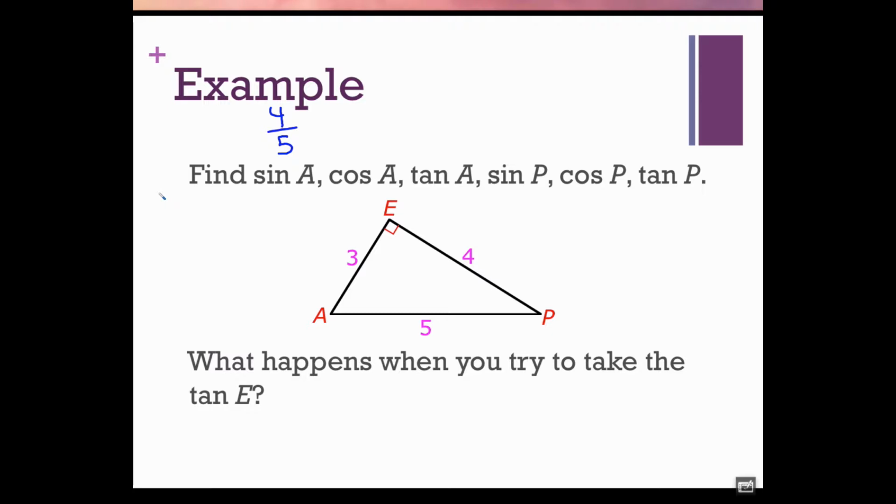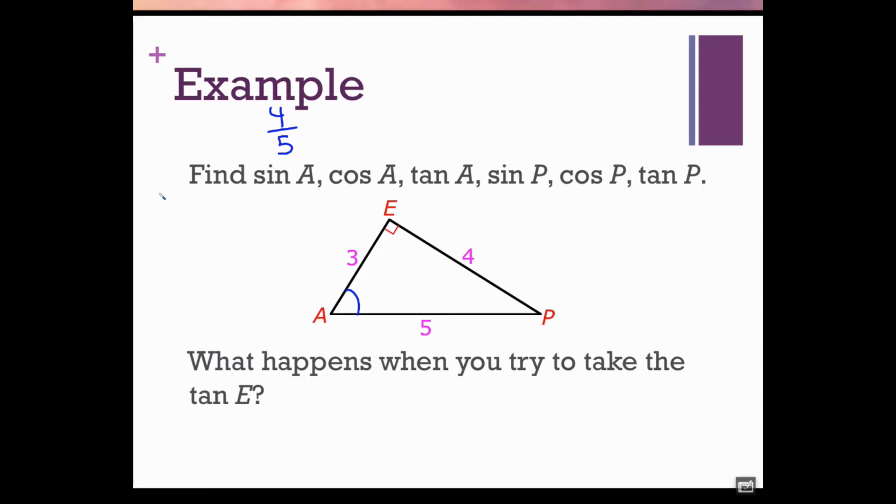So, cosine now of angle A. If I look at angle A, for cosine, I need adjacent and hypotenuse. But there's two sides adjacent to angle A, the 3 and the 5. Which one do we choose for the adjacent? The adjacent leg, right, not the hypotenuse. It's got to be the leg, the hypotenuse is the denominator.